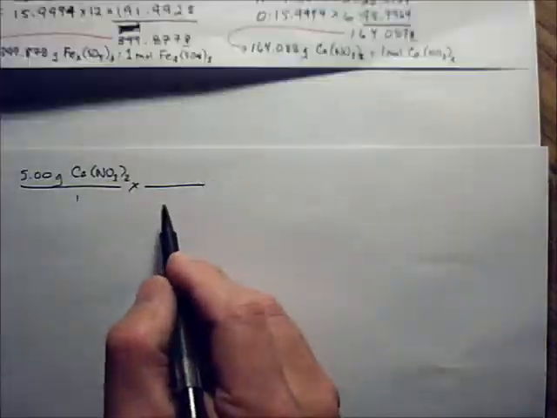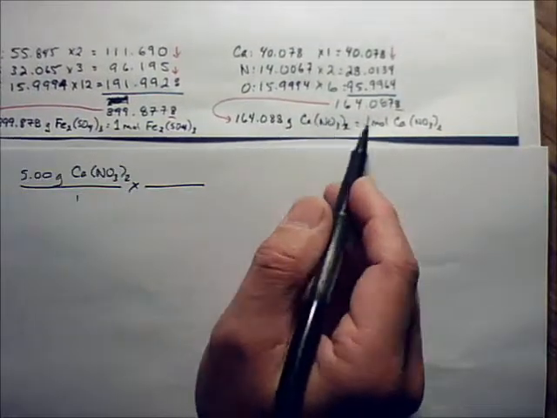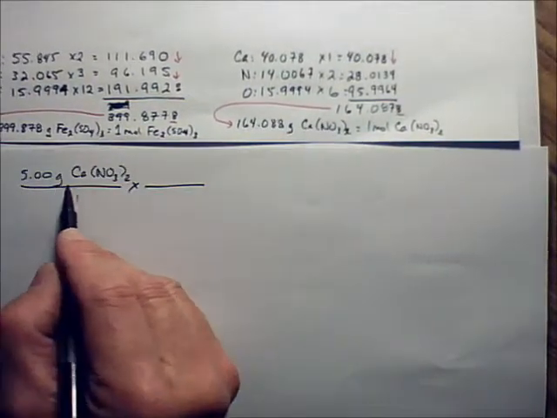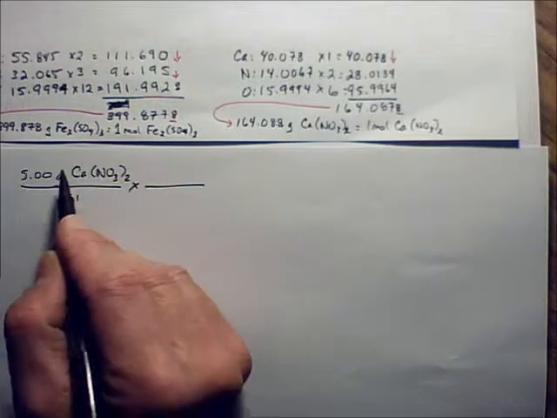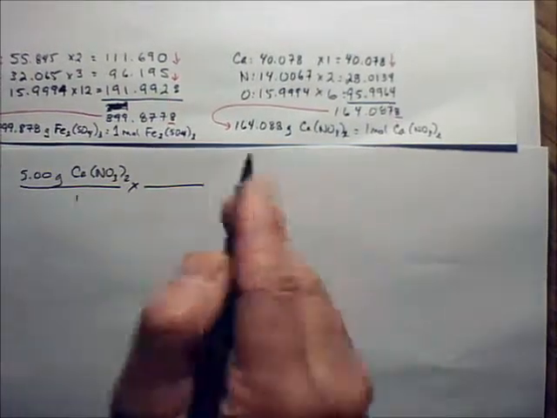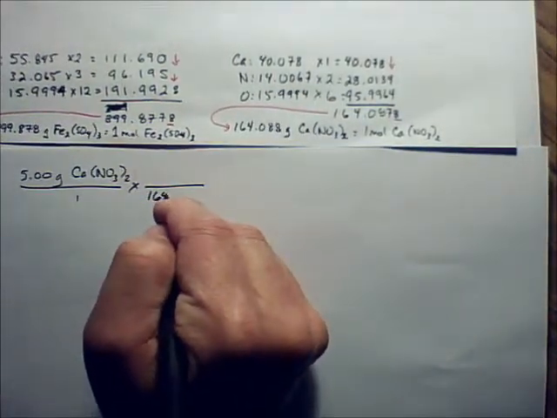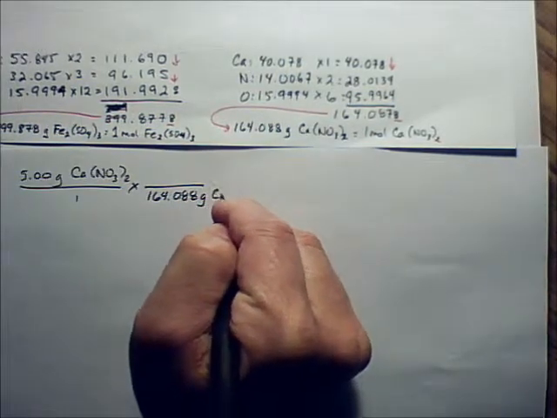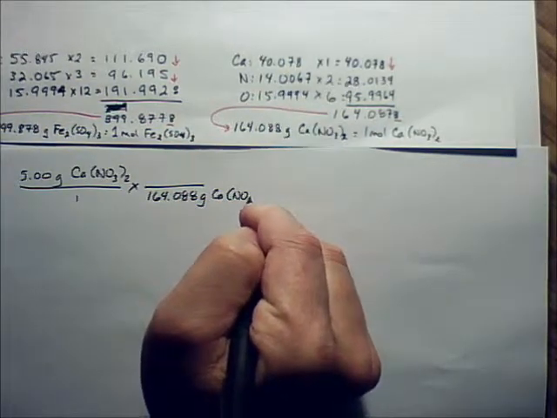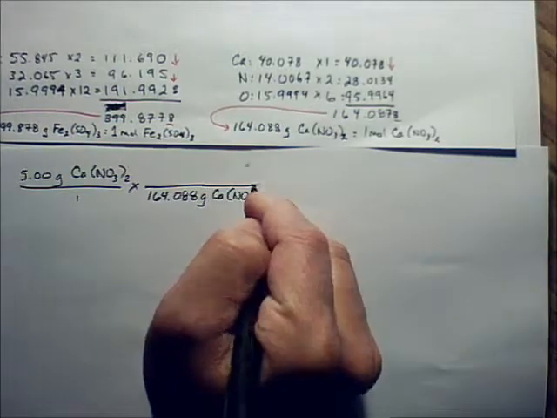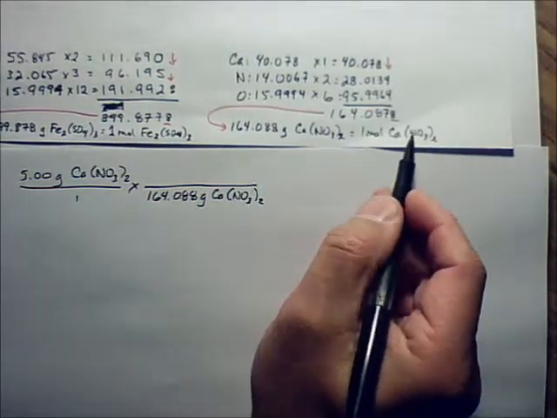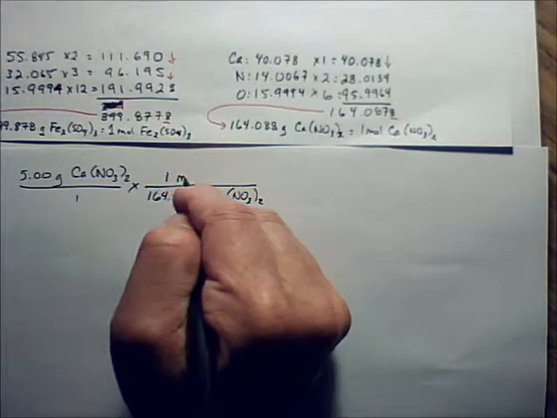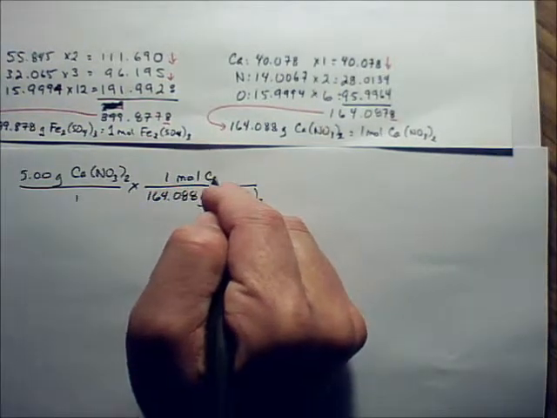The reason we're putting it on the bottom is because this is the side of the equality statement that matches the units and species in the part of the problem that precedes it. Okay, so we want 164.088 grams calcium nitrate. That goes on the bottom, and the other side of the equality statement goes on the top.